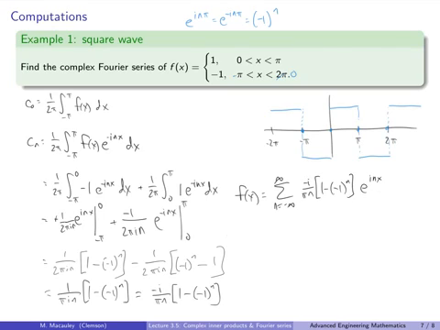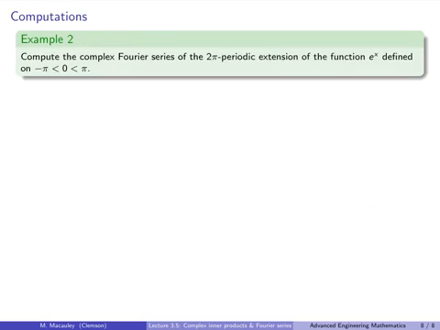And since c naught is equal to 0, I can leave it like this, because if n is equal to 0, we get 1 minus 1, and we get 0. Well, we're dividing by 0 here. So yeah, let me just say n is not equal to 0. So this is the complex Fourier series of this square wave. It is a way to write this square wave as an infinite sum of complex exponentials.